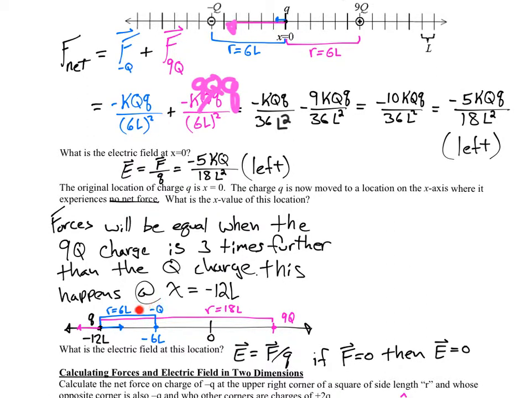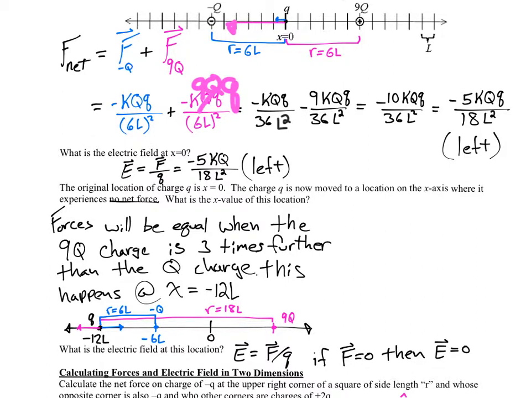It's not until we're on the other side of negative q that our blue vector becomes an attractive force to the right, and the pink vector becomes a repulsive force to the left, and then they can cancel each other out.